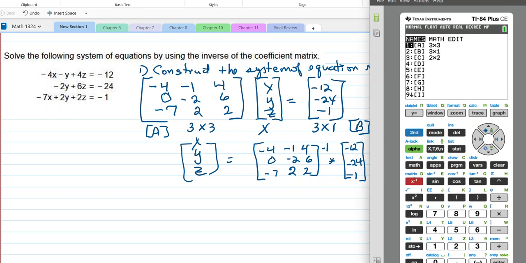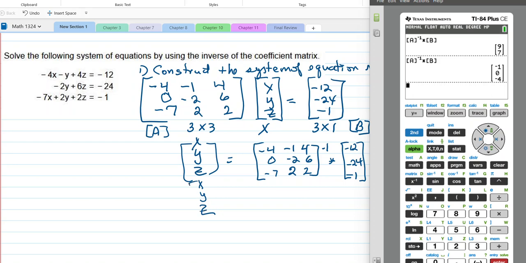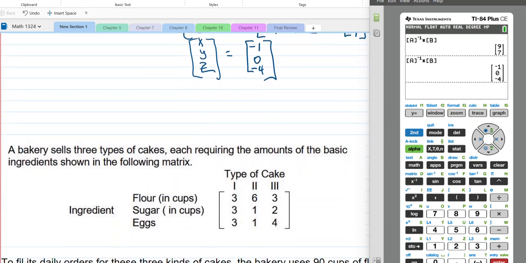Second matrix, name A with the inverse on it, and then we're going to multiply by second matrix, name B, and enter. And we get x, y, z: 1, 0, and -4. All right, so we have successfully completed that equation.